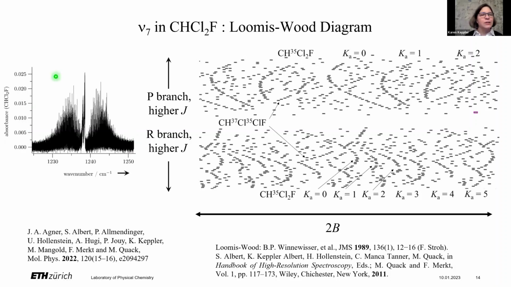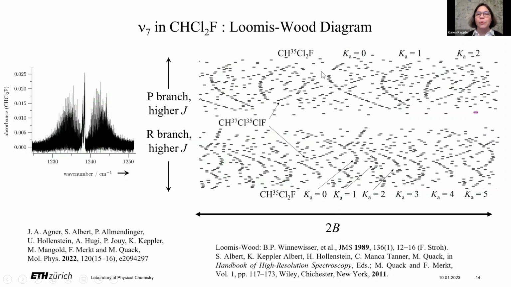And what we do is we take this and we slice it up, and then we put the slices on top of each other, actually under each other. And what you see from the top to the bottom of your screen is increasing wavenumber. In other words, the P branch is here on the top of your diagram, and the R branch is here.